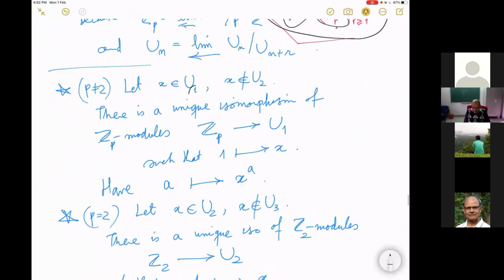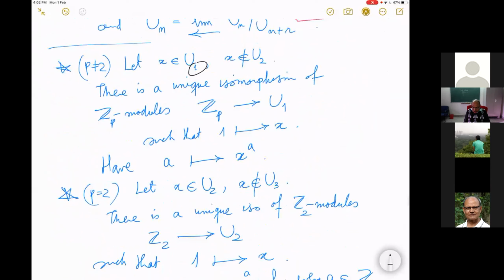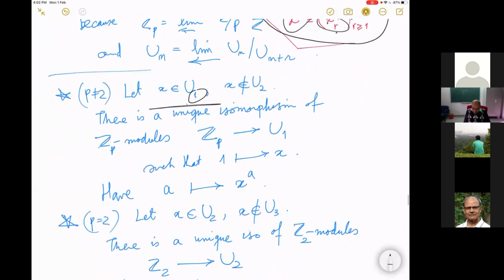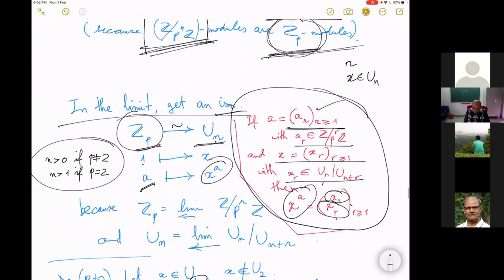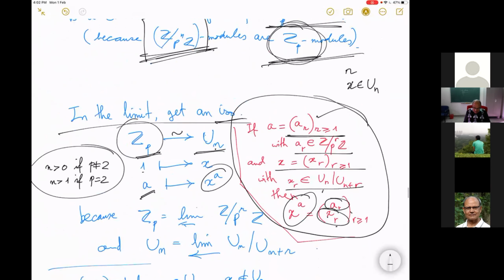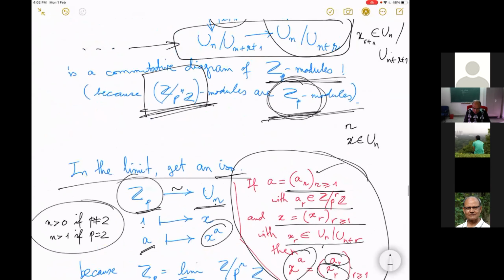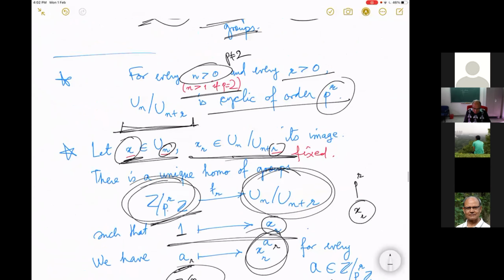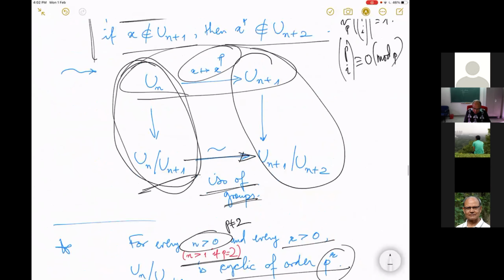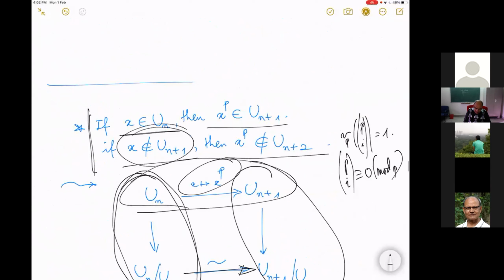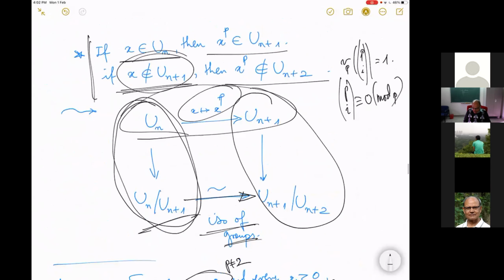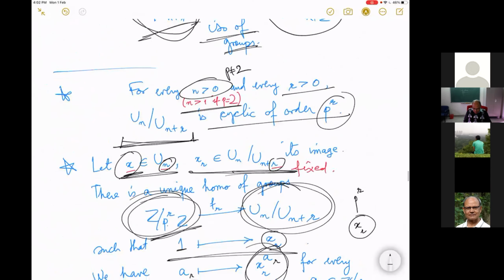What does it say? If I take an x which is not in U_{n+1}, then I get an isomorphism. Otherwise, of course, I don't get an isomorphism.